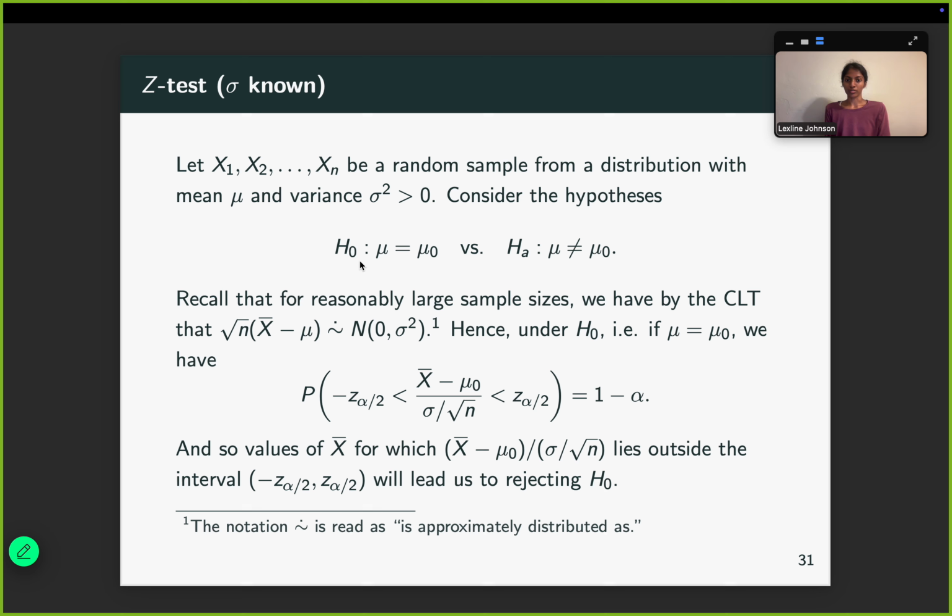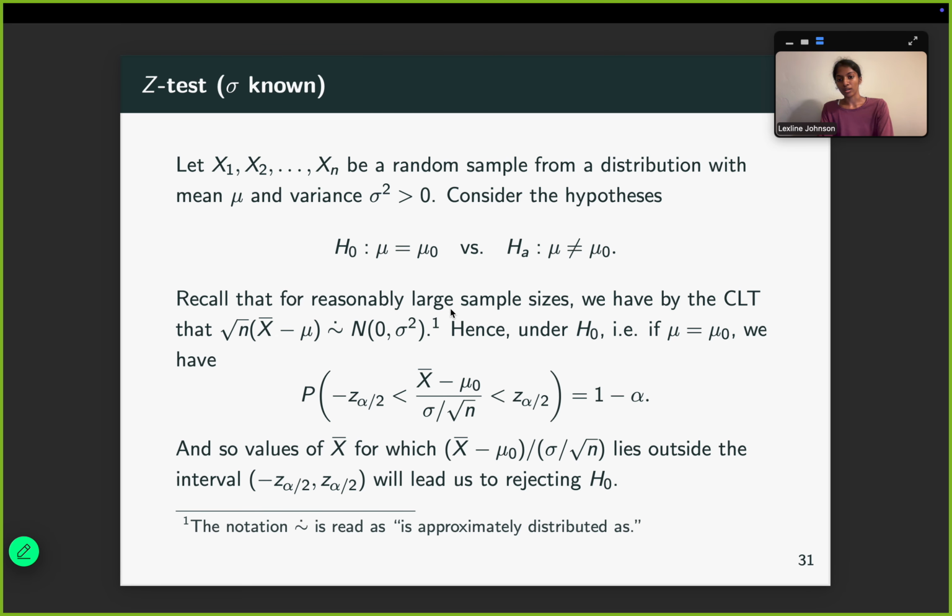For reasonably large sample sizes, by the central limit theorem, we can assume that our sample mean is going to be a good estimator of our population mean. We can use that to write our equation here.